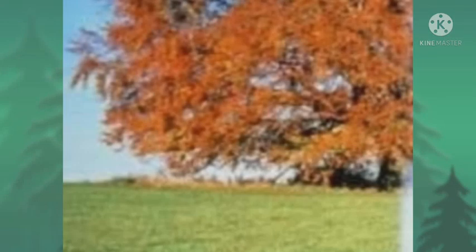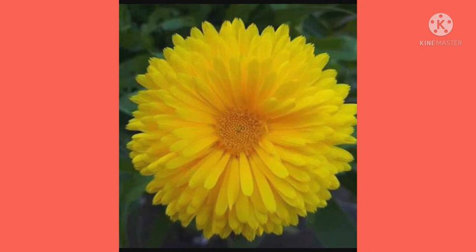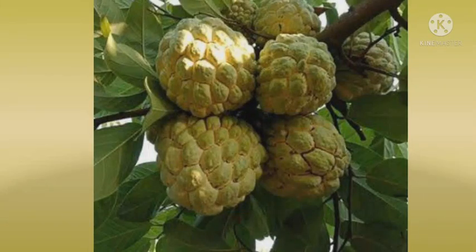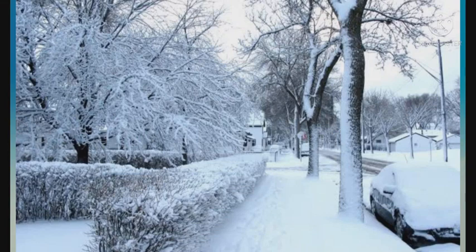As months pass by, you would have noticed that trees shed leaves, new shoots come forth, they flower and fruit. You may have also noticed that in different times of the year you get different kinds of vegetables and fruits. In some months it is very hot, and in some months it is cold or wet.